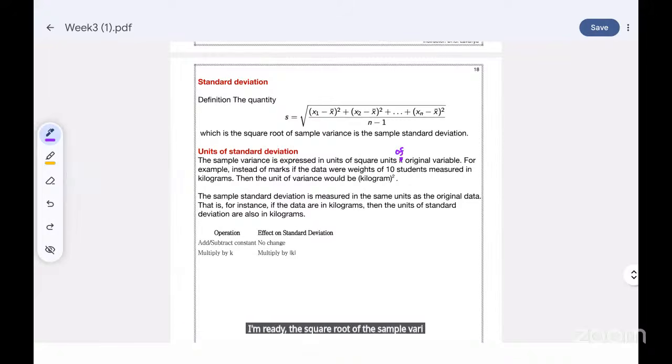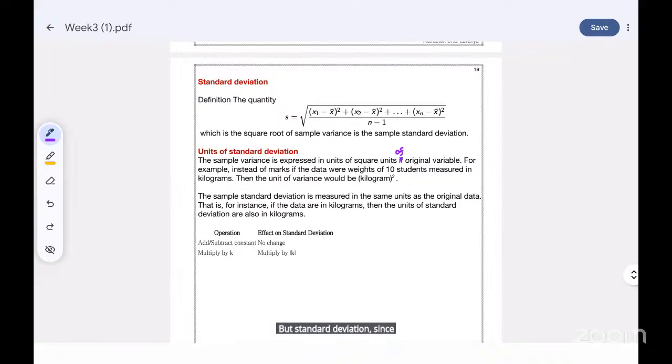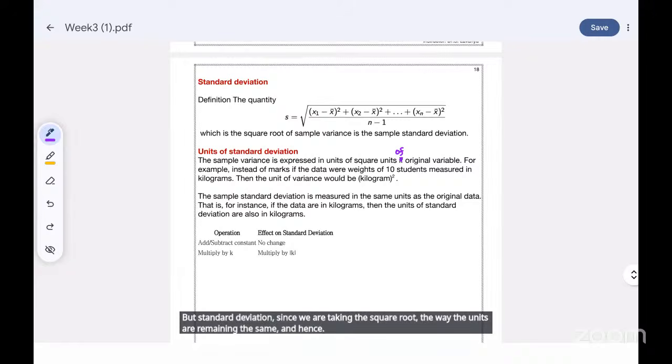The sample variance is expressed in square units of the original variable. So why do we consider standard deviation instead of sample variance? Just to see the variation in terms of the original units itself. Because in variance the units are getting squared, but in standard deviation, since we take the square root, the units remain the same. Hence many people use standard deviation as a measure of variation. No other big reason.